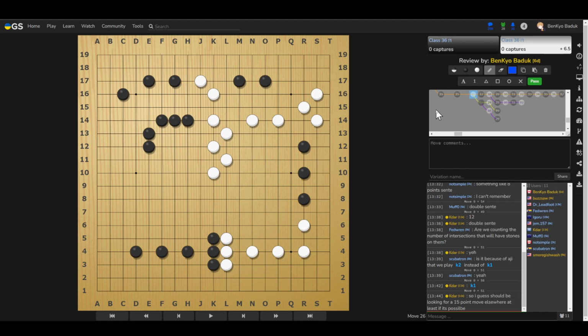So the frame of reference is a basic understanding of point values and a basic knowledge of some of those moves. For example, knowing that this one is locally 6 points before you factor multipliers, which is whether it's sente or double sente or reverse sente, which is a gote that is anti-sente.